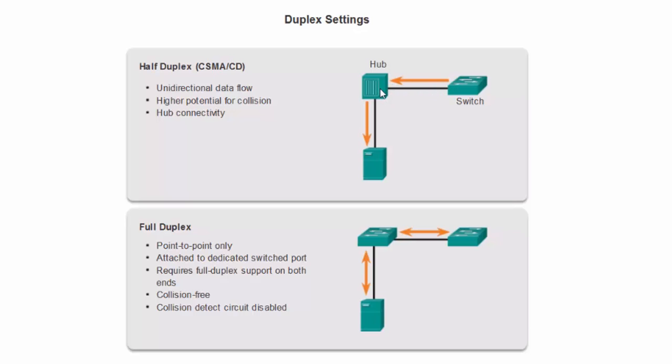You have to use the connection between the switch and this node either for sending or receiving. And if you try to send and receive at the same time, then a collision will happen. That's what we highlighted before as a one-way street: you can use it either in this direction or in this direction. So you can use it either for sending or receiving.